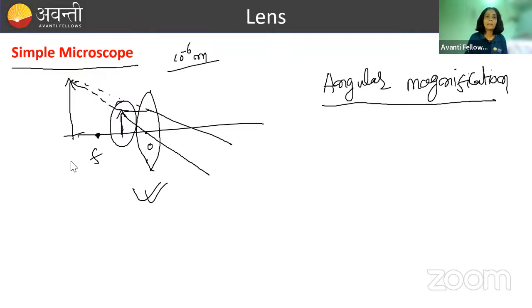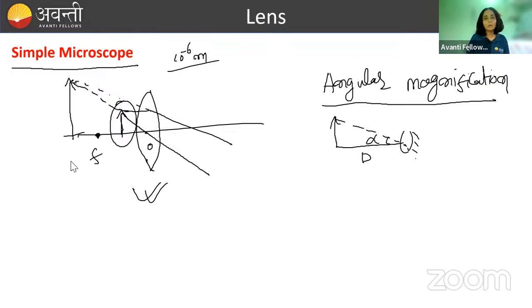Angular magnification means how much angle the object will form at the naked eye. If my eye is like this and I'm directly looking at the object kept at the least distance of distinct vision, that is 25 centimeter, how much angle will it form at my eye? Let's say this is alpha.